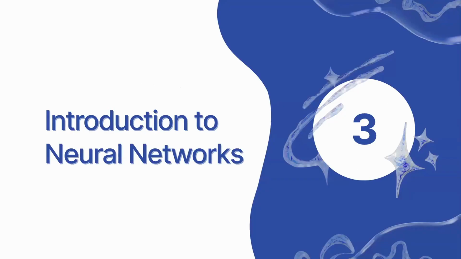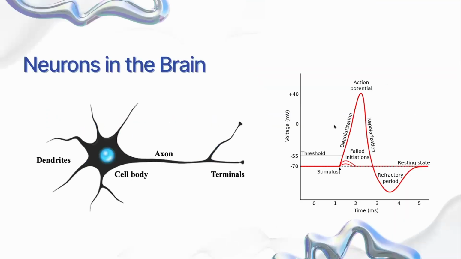Now, for neural networks, I think we always like to give analogies. The neural network is our attempt at making the human brain. And the fundamental unit for the brain is a neuron, right? Now, I'm not a biologist, so I don't really know these terms.